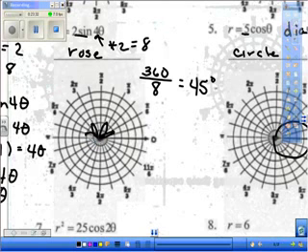Good. Okay, so there should be all 8 of them. I think I missed one somewhere. Oh, wait a minute. Yeah, the last one. There's your other one. So there's all of them.